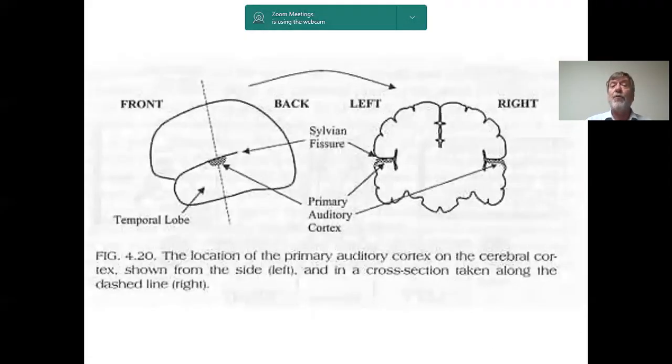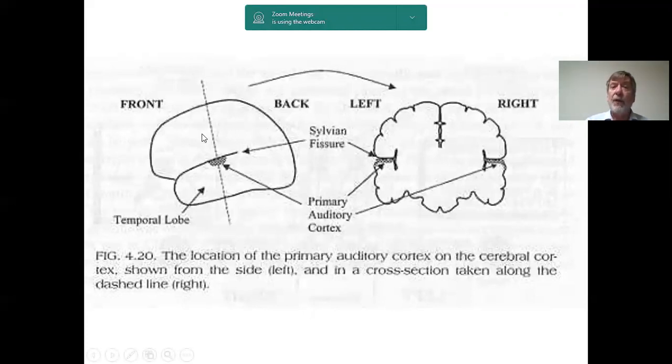Now, when you're getting up toward the brain itself, now you're looking at a side view of the brain. And this is an important slide. This is the frontal cortex. This is the back of the brain, the occipital cortex. The frontal cortex deals with thinking, reasoning, intelligence, will to action.